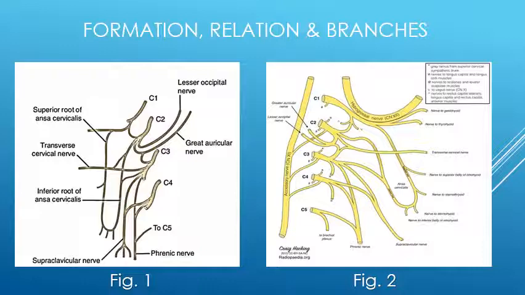In the head and neck, it supplies some of the lateral, anterior and posterior skin, and some of the muscles. While one nerve, the phrenic nerve, is formed by C3, C4 and C5, but mainly the fibers come from C4, and it supplies the diaphragm, and the serous membrane of the thorax and the abdomen. So I hope you get it.